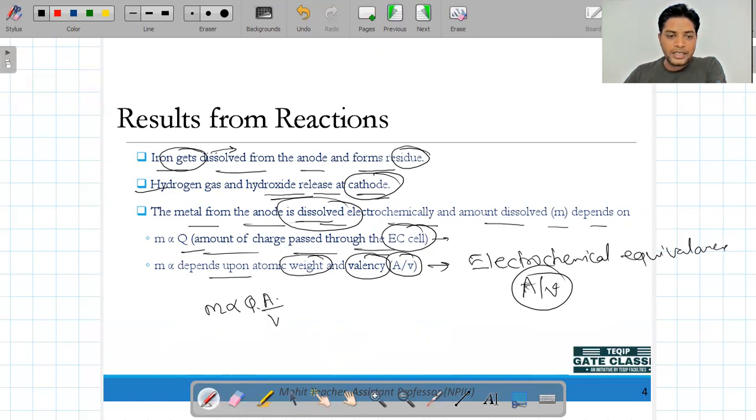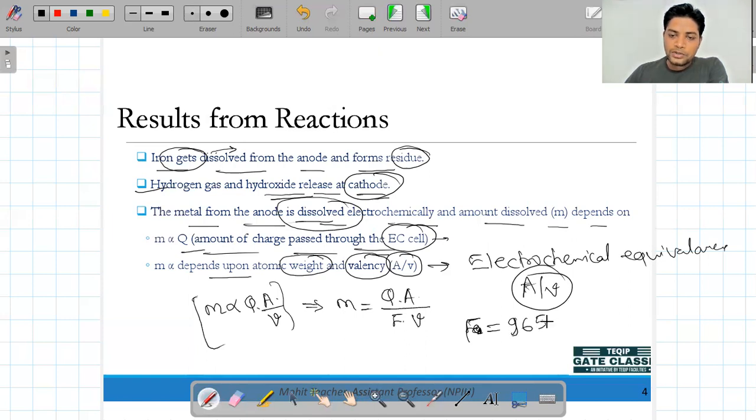If you combine these two, M will be directly proportional to Q into A by V. When you remove this proportionality sign, the equation becomes M equals Q into A upon F into V, where 1 by F is the proportionality constant, and F is nothing but the Faraday's constant, whose value is 96,500 coulombs.